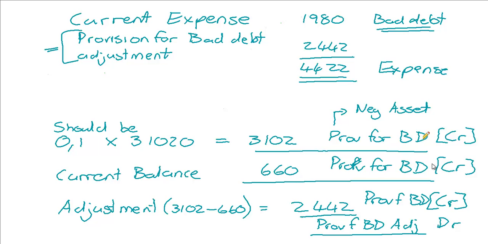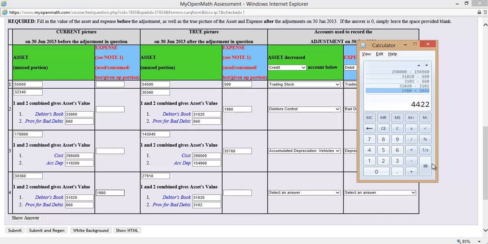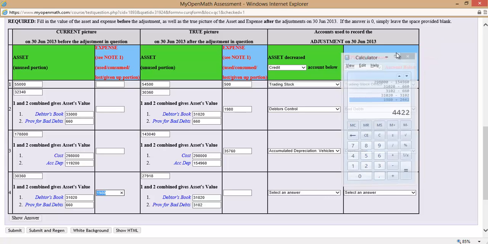Right, so it's those two together. The bad debts, remember, is the one that is a bit more certain. The provision is an allowance or an estimate that we make of the guys that we're expecting won't be able to pay us.